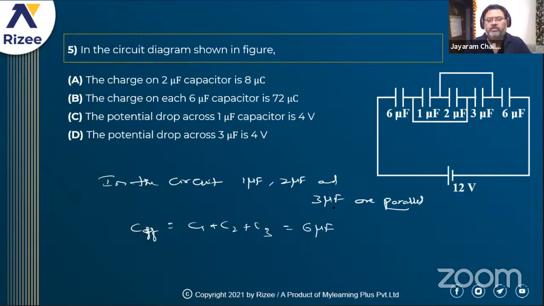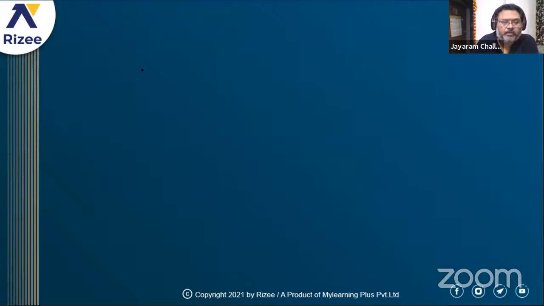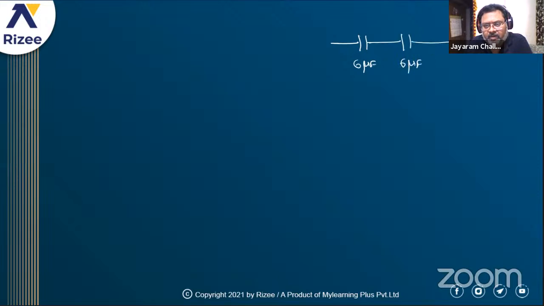If I simplify the circuit, I'll be getting this type of circuit. Initially there is a 6 microfarad capacitor, and by combining 1, 2, and 3, you'll be getting also a 6 microfarad. And finally, there is also a 6 microfarad capacitor, and all of them are connected to an EMF of 12 volts.